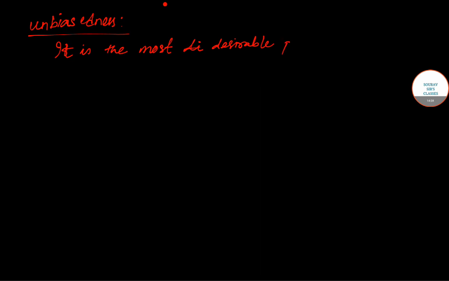So, what do we mean by unbiasedness? It is the most desirable property of an estimator. Most desirable property.